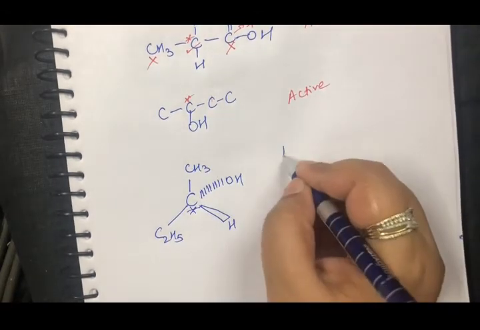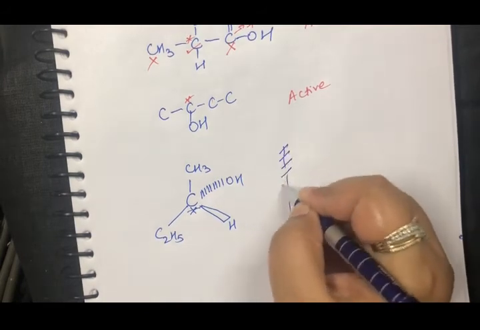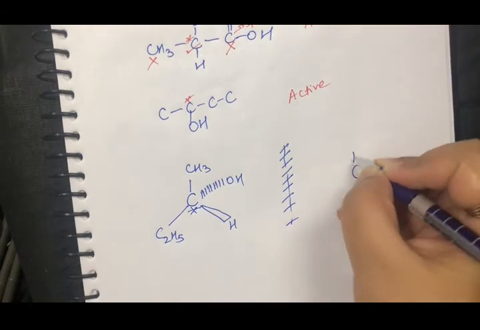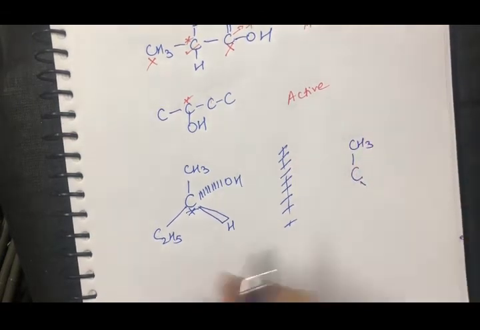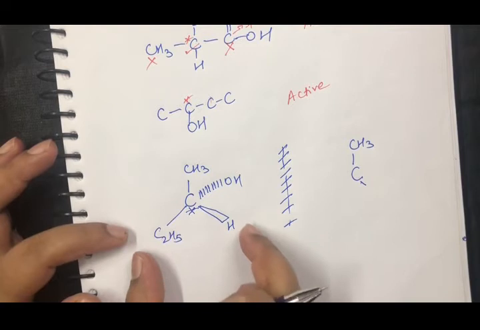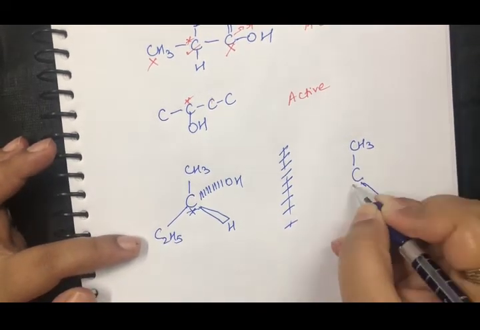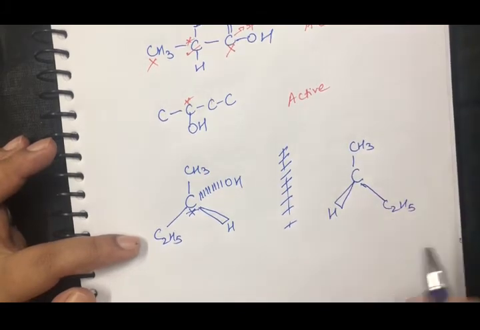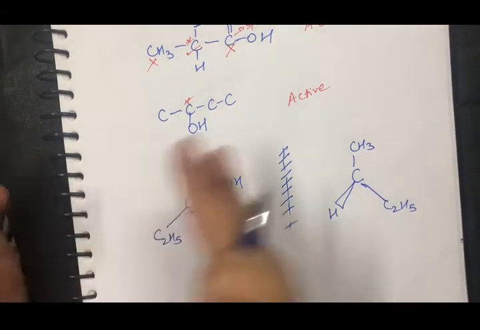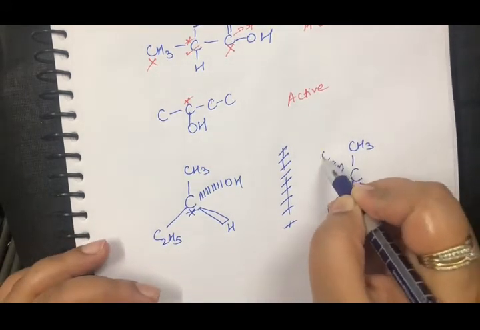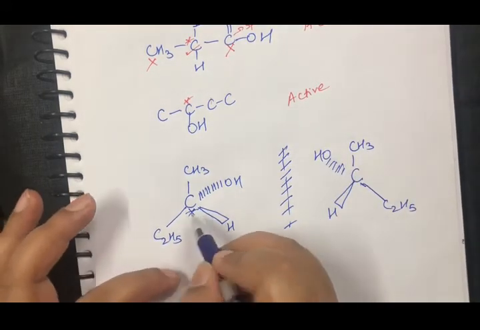This compound only I have drawn it like this. Now what I'm going to do is I'm going to take the mirror image of this compound. So in the mirror image, this carbon will remain here only. This would be having a CH3 here only, but when you look at this compound in the mirror, this would be C2H5 and this would be hydrogen here. Just try and imagine this in front of a mirror. So how will you see it? And this OH will be like this. Now as I said, this carbon is chiral.